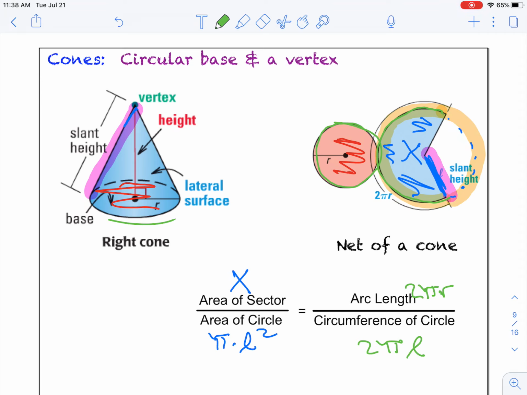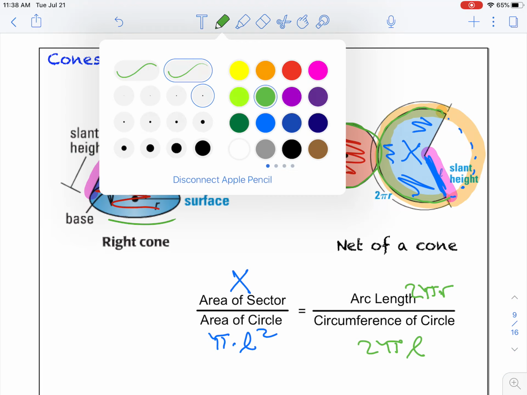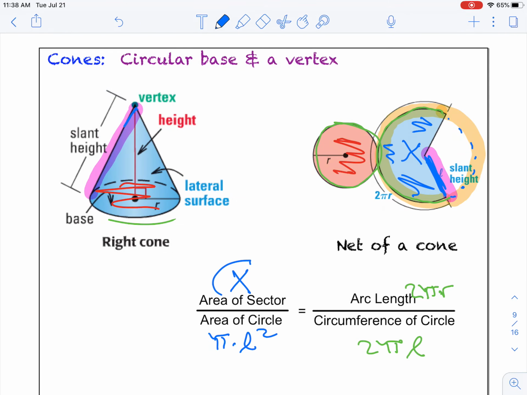So now we can actually do some math and multiply each side to solve for this variable right here by multiplying by pi times L squared. And now what ends up happening here, it's kind of interesting, is these cancel out, of course.